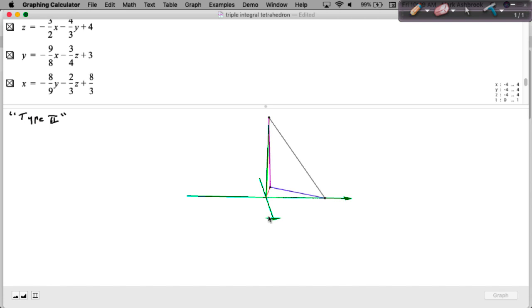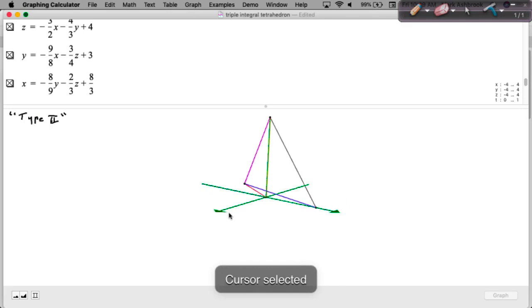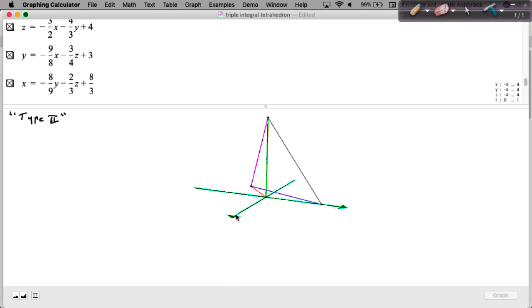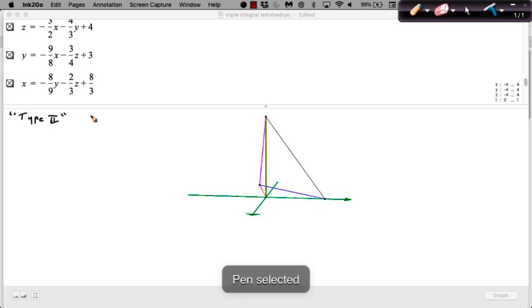And so what would the start of our chair be for that? Left to right? What do you think? Back to front, right? Because now x comes out at us in R3. So type 2 starts with back to front, dx.